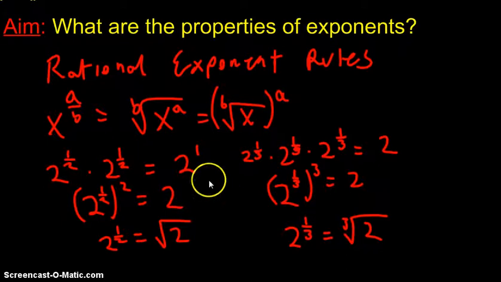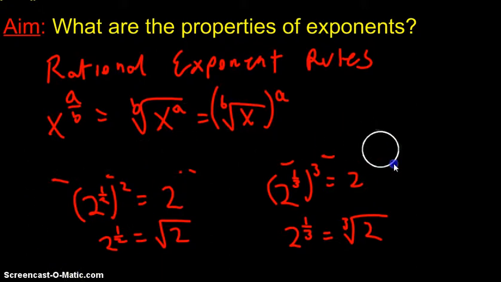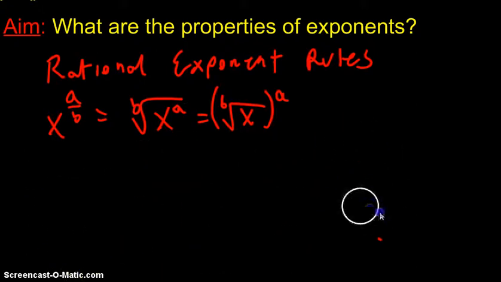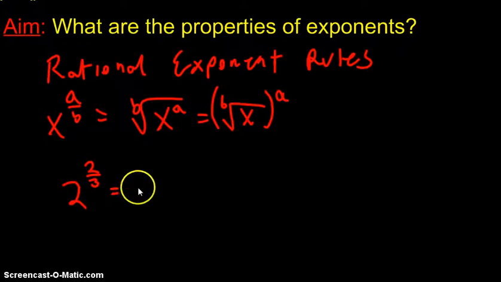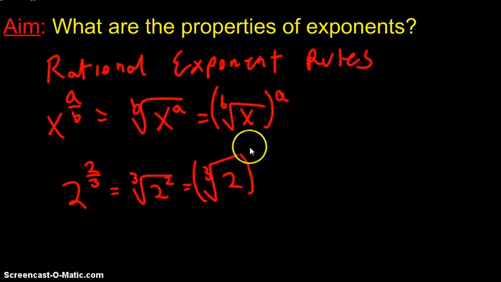So then the question becomes, where does this numerator part here come from? Let's erase these for now. So we have 2 to the 2/3. That's going to be equal to the cube root of 2 squared, or the cube root of 2, squared.